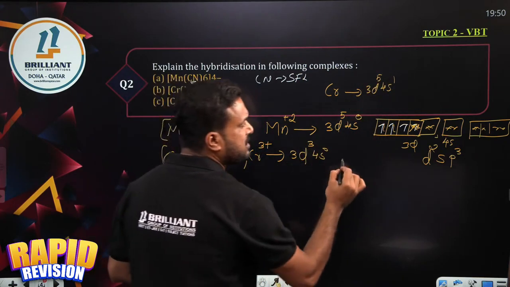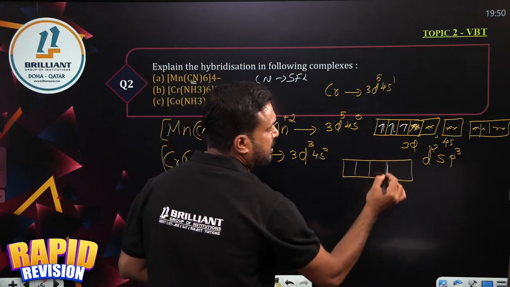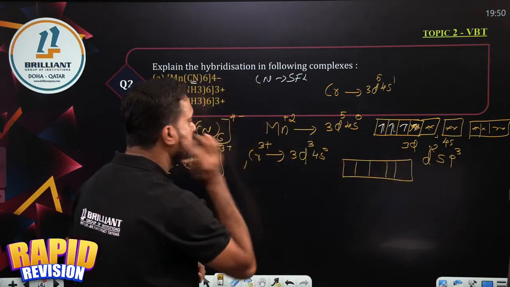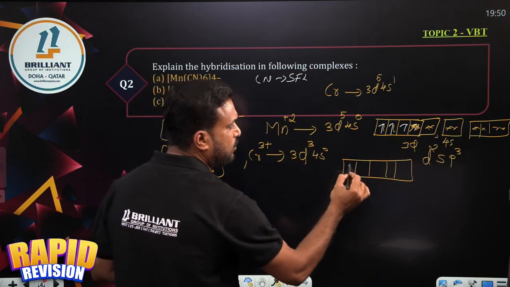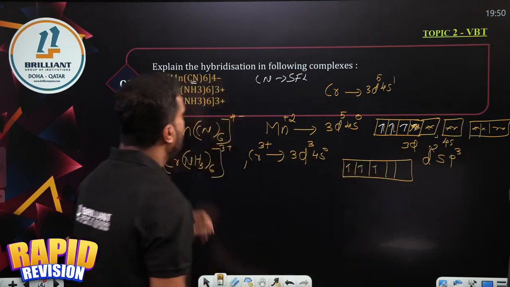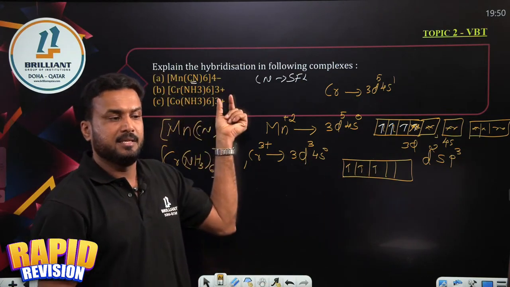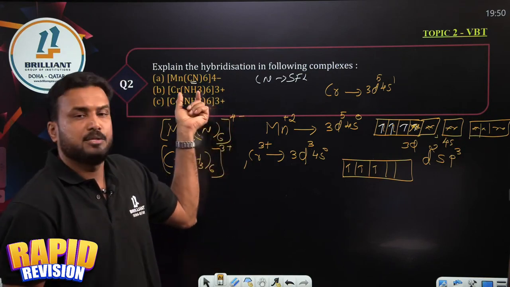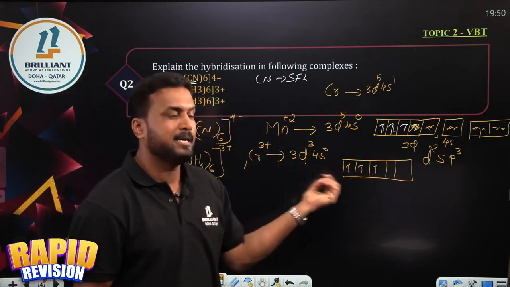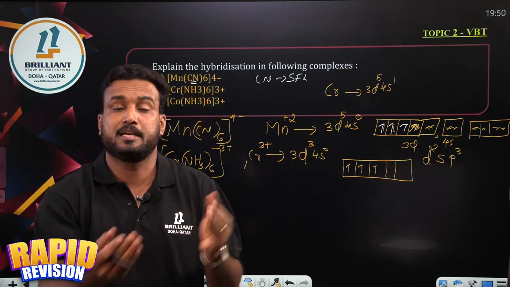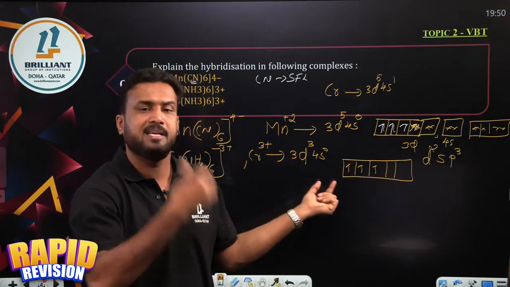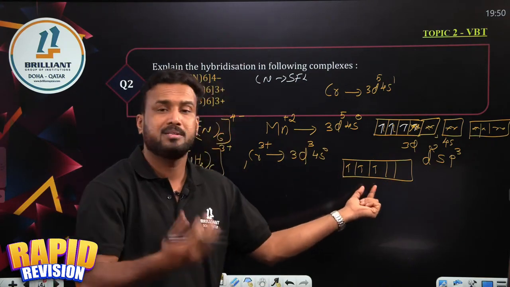That 3d3 and 4s0 we can draw over here just for understanding that exception. So we have 3 electrons, 1, 2, 3. Here NH3, though it is a strong field ligand, cannot do the pairing up because we don't have any hybridization more than d2.